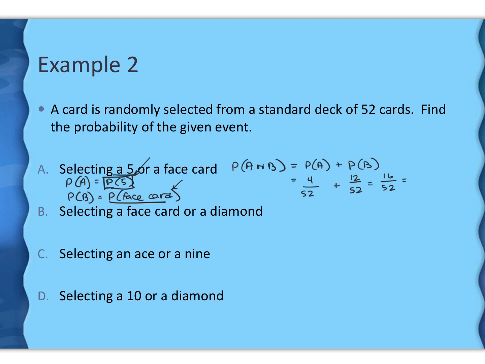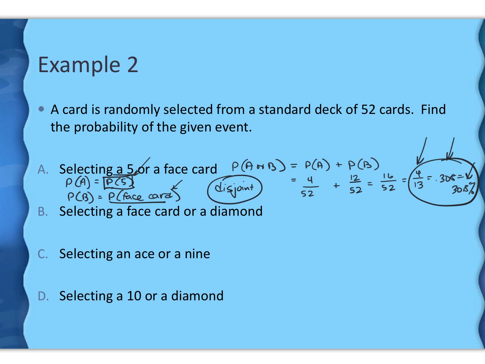I can simplify it by 4. Or if I want the simplest fraction, it's going to be 4 out of 13. Or 0.308 as a decimal, or 30.8%. Either one of these answers is acceptable: simplified fraction, decimal to 3 places, or a percentage to the 10th place. And again, this was a disjoint event, so it was a little bit easier.